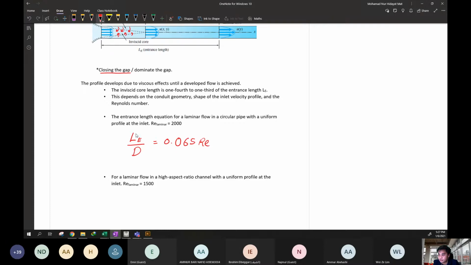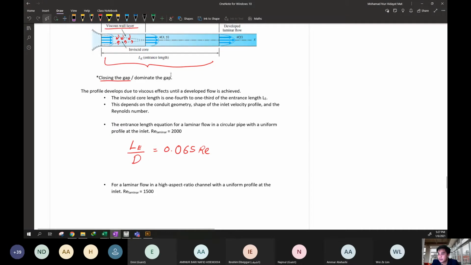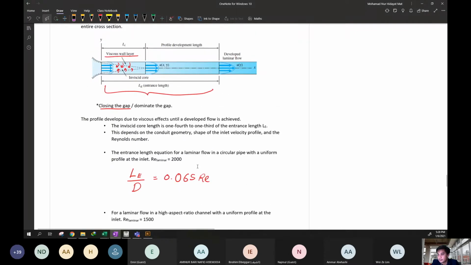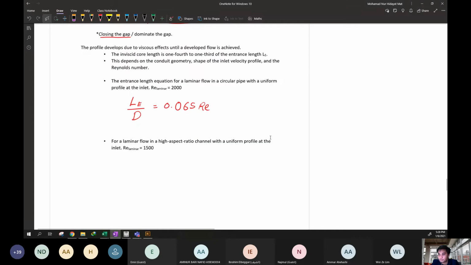For example, we want to find Le. What is the distance here? The entrance length. So simply 0.065 multiplied with the laminar Reynolds number, multiplied with D, the diameter of this pipe. This is based on the theory and the experiment discovered to get the entrance length. For laminar flow in a high aspect ratio channel, this is for the pipe flow.